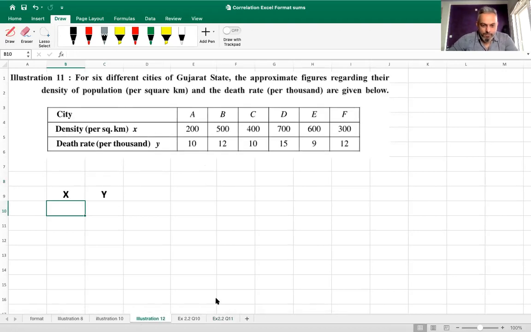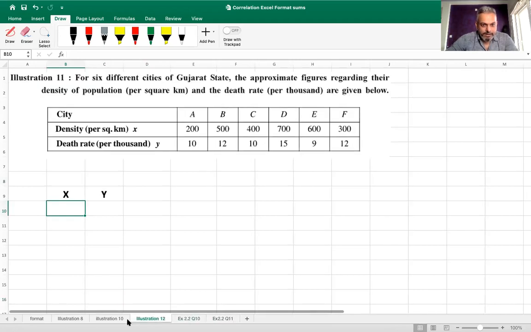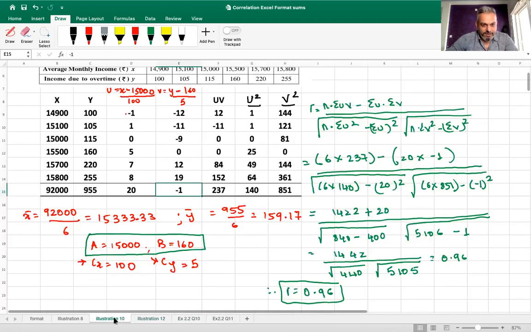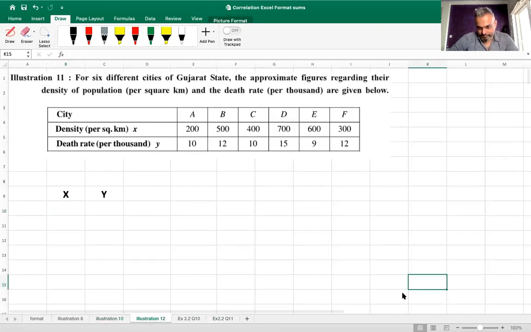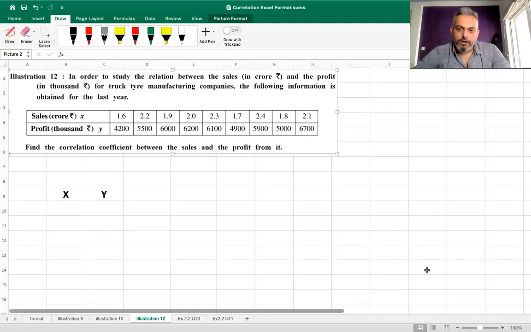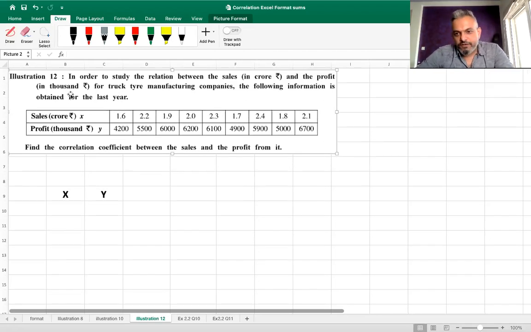Okay, now let me just copy the illustration. You can start writing the question, and do you just find the mean. Okay. Now, illustration 12.